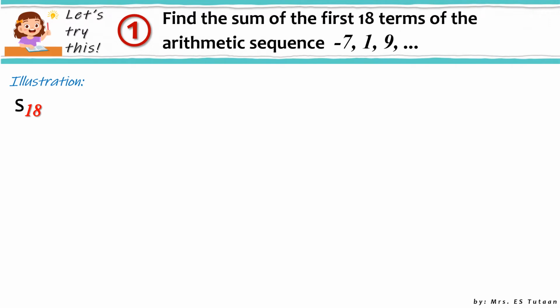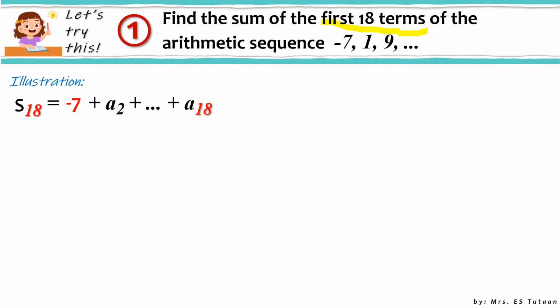Yung 18 ay galing dito sa given na first 18 terms. Okay. So, S sub 18 is equal to A sub 1 plus A sub 2 plus A sub 3 hanggang A sub 18. So, ibig sabihin, ang kailangan nating i-add na terms ay 18 terms. Simula sa A sub 1 hanggang sa A sub 18 o yung pang 18 na term nung binigay na sequence.